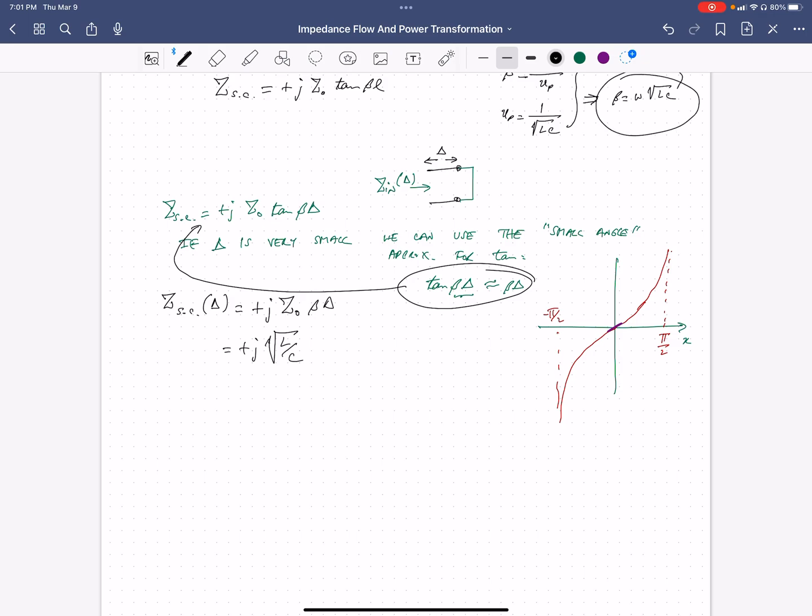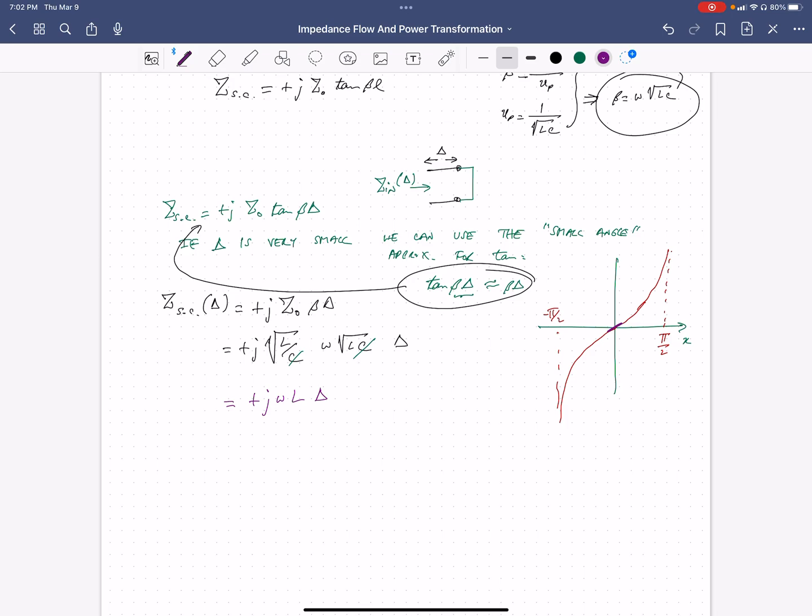Beta from here is omega square root of LC times delta. Looking at what gets canceled, the C cancels with this C, and we end up with this whole thing equaling plus j omega L. You get the L because the square root of L times the square root of L makes it just L, times delta.